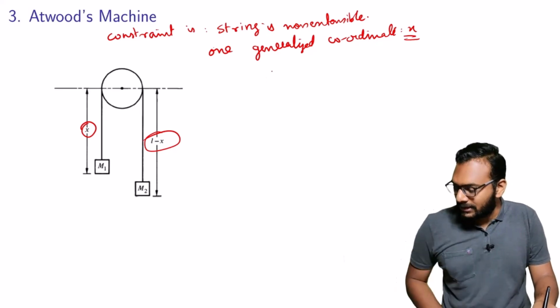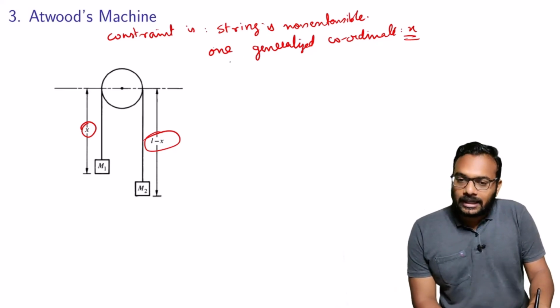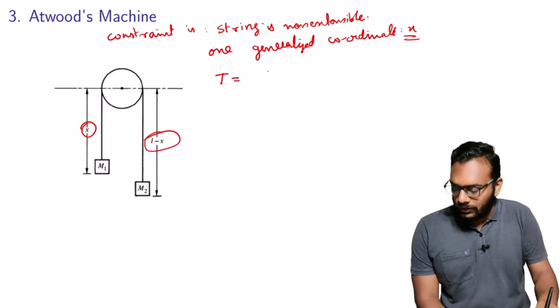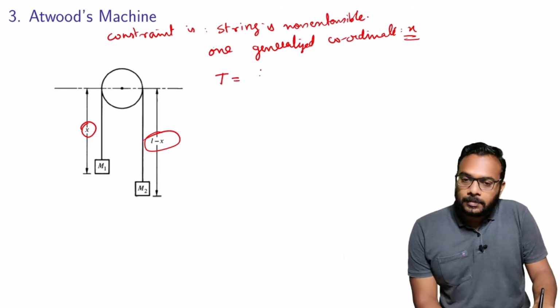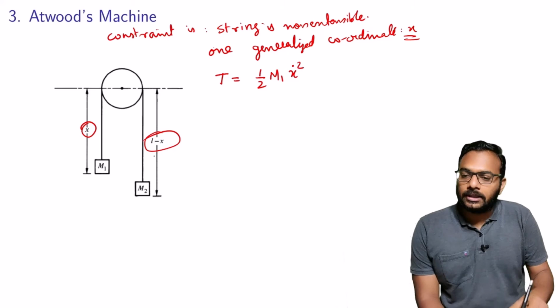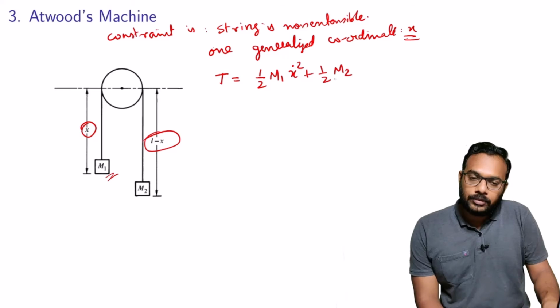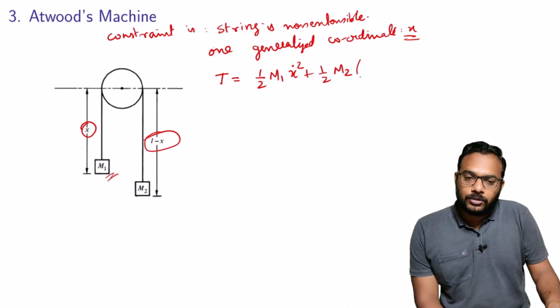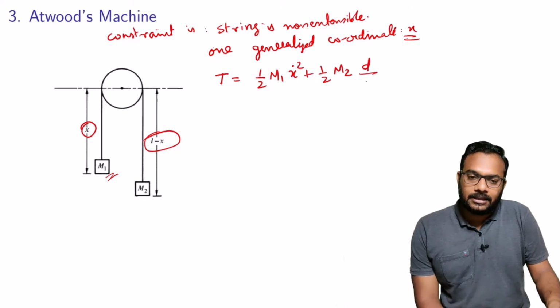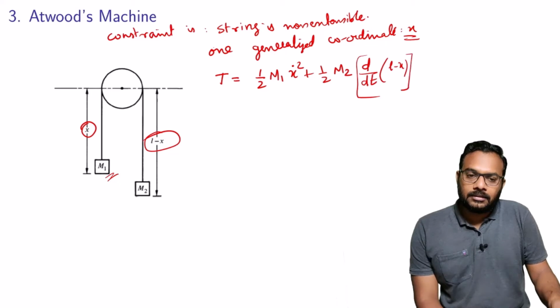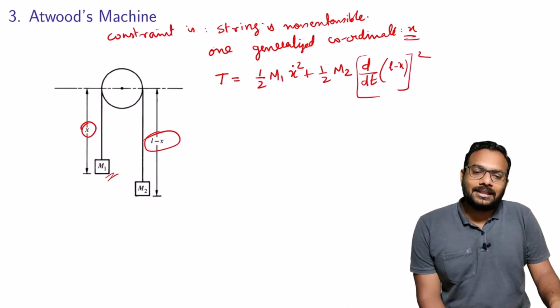What's the next step? We can find the kinetic energy first. T is equal to half m1 x dot squared, that's the kinetic energy of this particle, plus half m2 times the velocity of this one, d by dt of (L minus x), squared. But d by dt of L is 0.